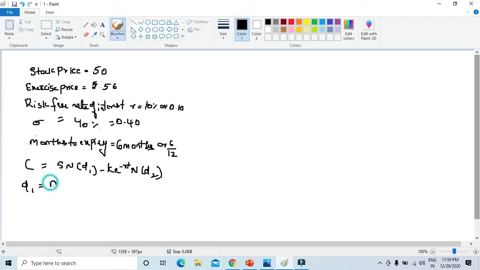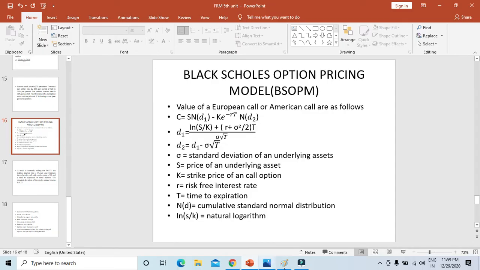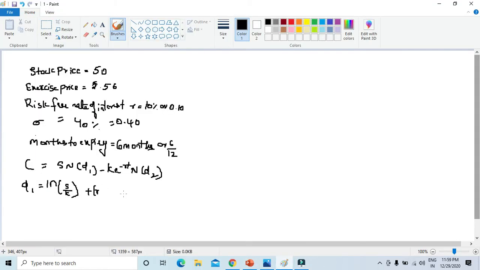So what is the d1 formula? ln of S by K plus R plus standard deviation square divided by 2, into T, divided by standard deviation into under root T. So let's calculate this first.